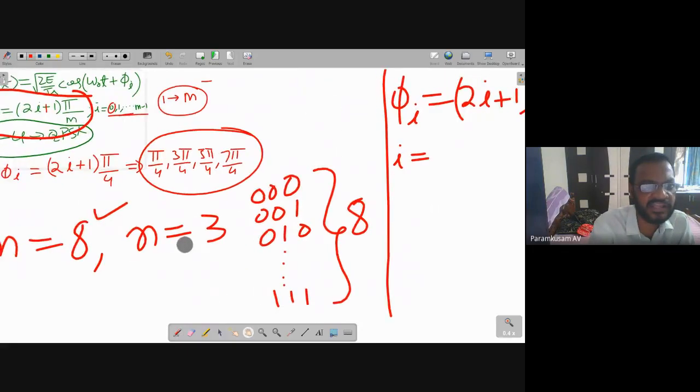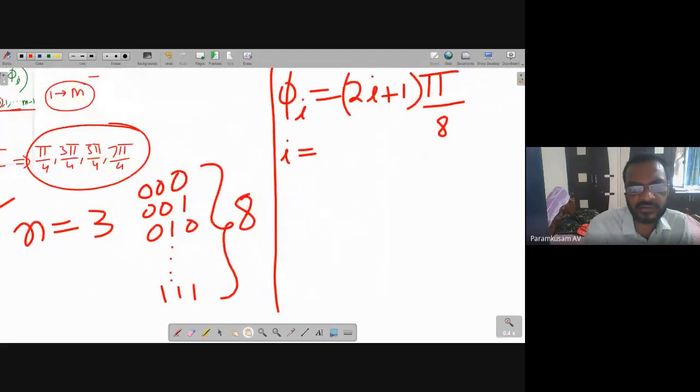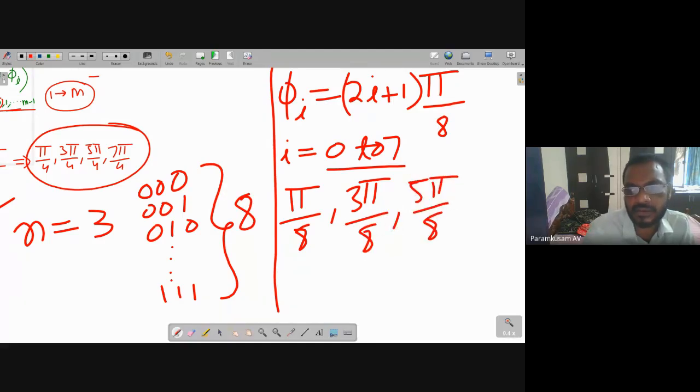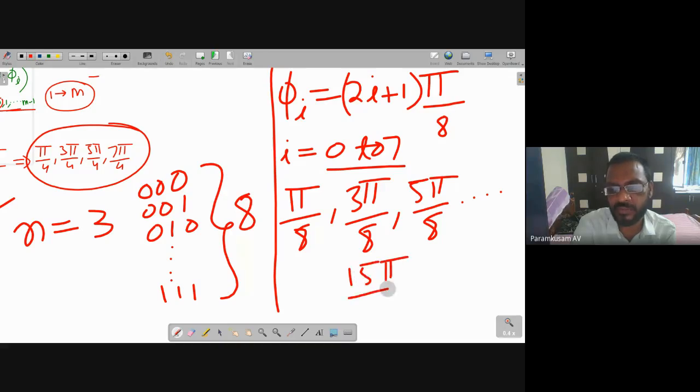Plus sign, so i is equal to 0 to m minus 1, that is 0 to 7. Then what phase angles do we get? For the first, i equal to 0, π/8. Next, i equal to 1, 3π/8, then 5π/8. If you put i is equal to 7, we get 15π/8.